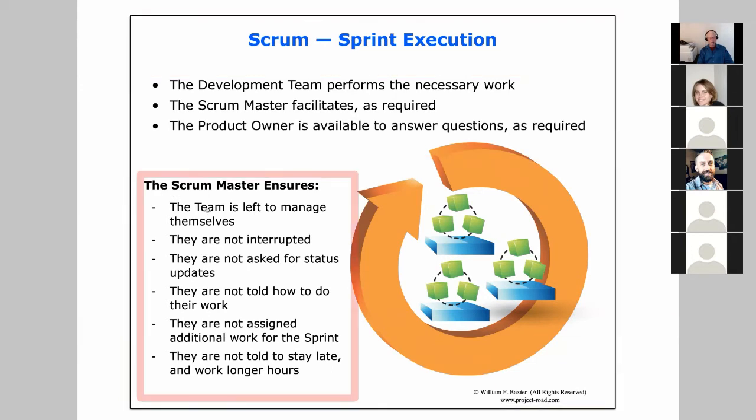The Scrum Master is going to ensure that everything flows smoothly. And for example, he's going to make sure the team is left alone to manage themselves, that they're not interrupted, that they're not asked for status updates in the middle of their sprint, that they're not told how to do their work, that they're not assigned additional work in the middle of the sprint, and they're not pressured into staying late and working long hours and so forth.